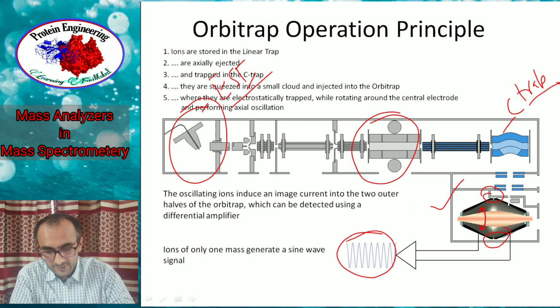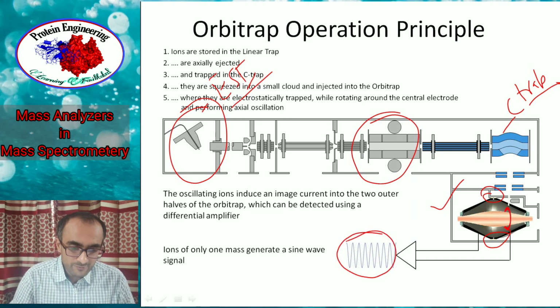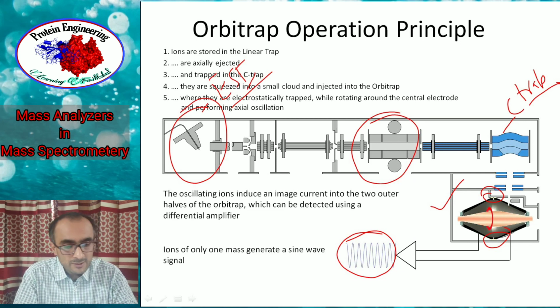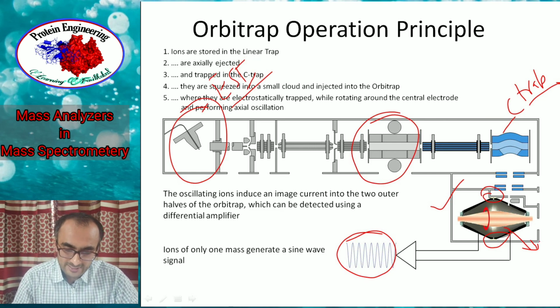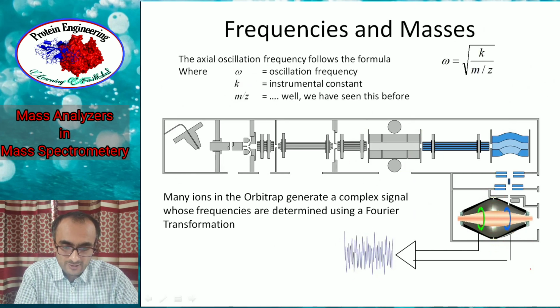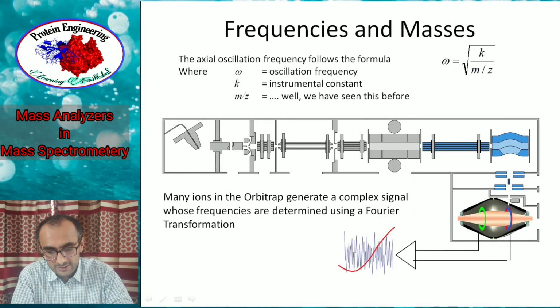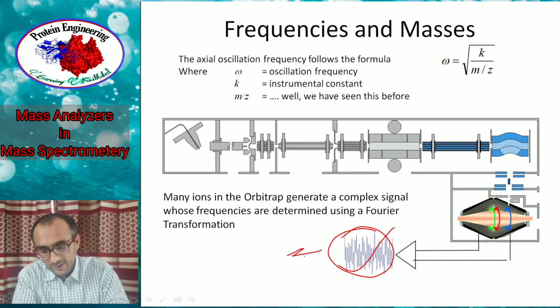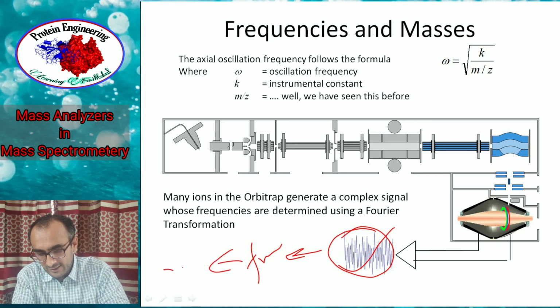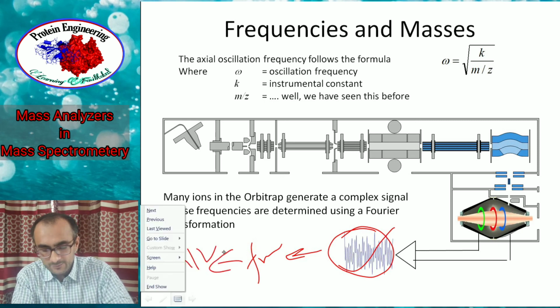So you get this kind of sine wave data coming from the two outside electrodes. Ions of only one mass generate one sine wave, but when you have multiple ions, you get complex spectra of sine waves superimposed on each other. And likewise in case of FTICR, this is converted into frequency and then eventually to an m/z spectrum.